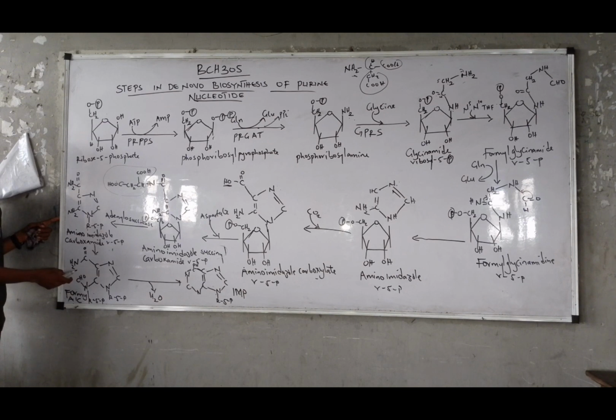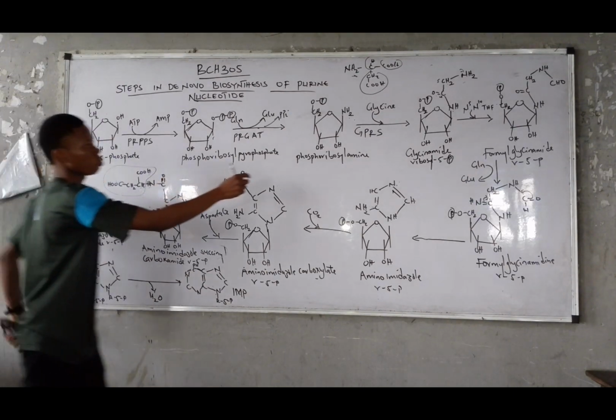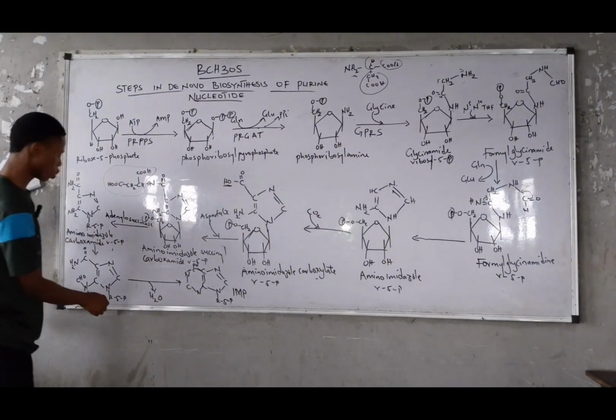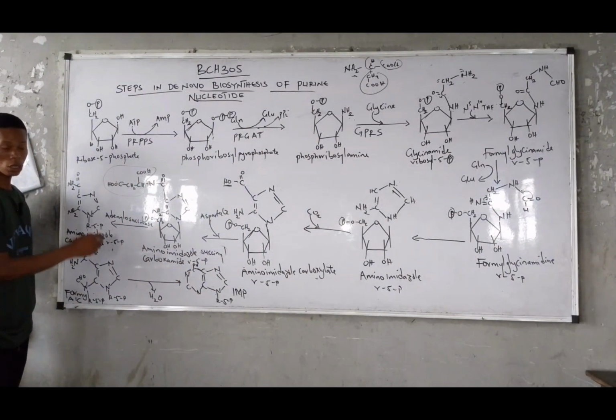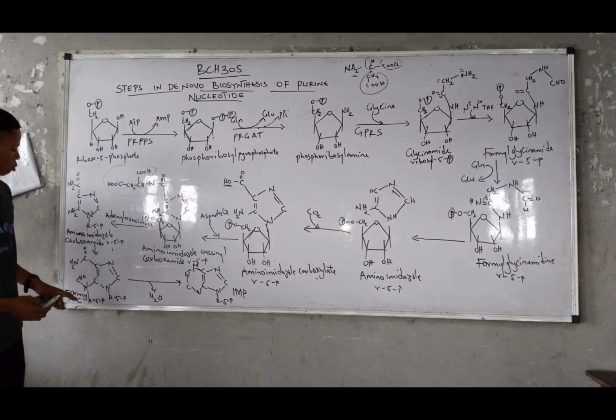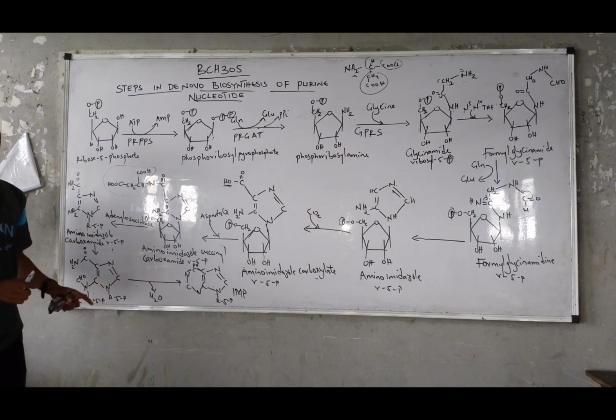Now because of space, I'm just writing the name out, ribosylate 5-phosphate, but you can still draw all the stuff we've been drawing since. Now, for formyl amino imidazole carboxamide ribosylate 5-phosphate, cyclization takes place.